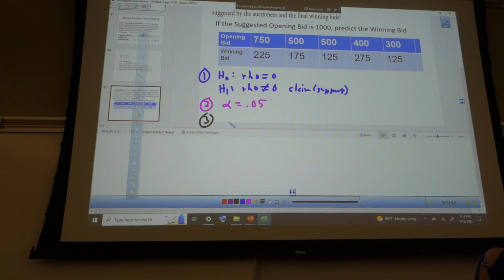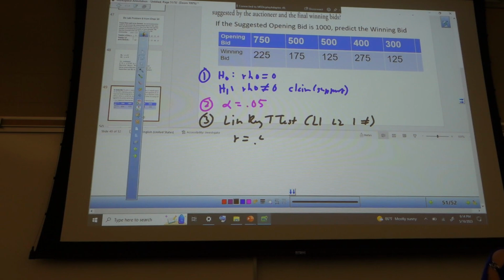Step 3, we did linear regression t-test of L1, L2, 1 and not equal to, and you ended up with an R of 0.2979. And you have a p-value of 0.6263, and then you have an A of 128.125 and a B of 0.116.